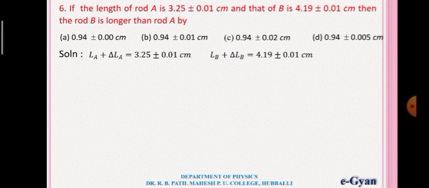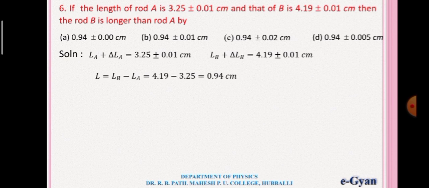Okay, for this we have to find the difference in length between these two rods, and that difference I am taking it as L. Since the rod B is bigger than the rod A, hence L is equal to LB minus LA, that is equal to 4.19 minus 3.25, that is equal to 0.94 centimeter. Okay, it is bigger by this much length than rod A.